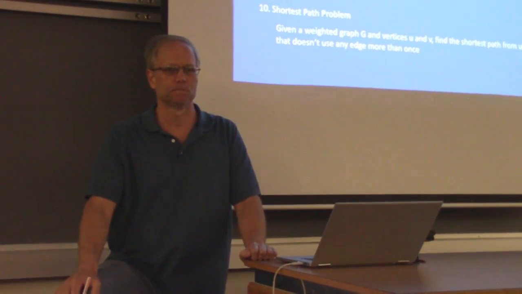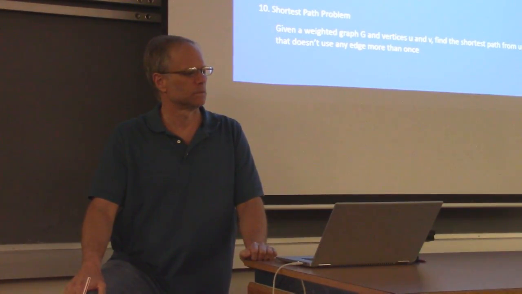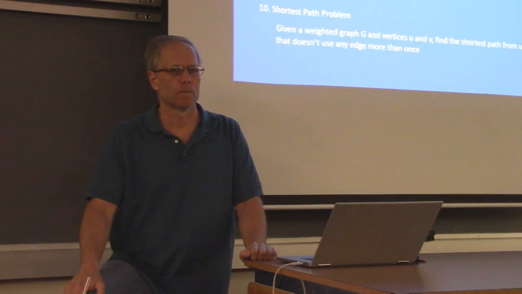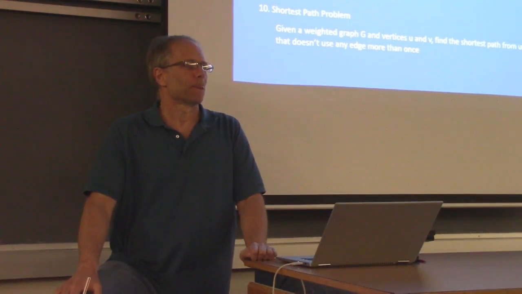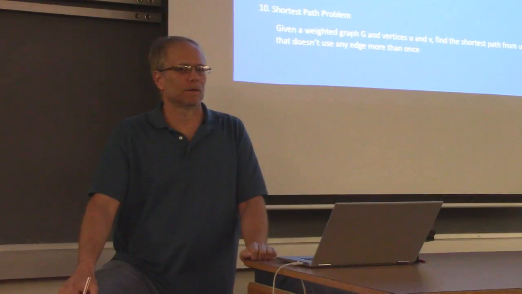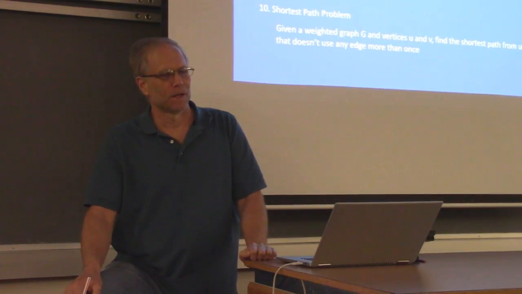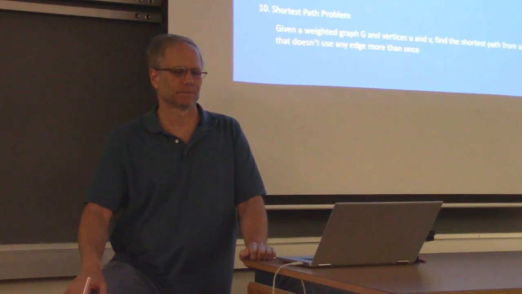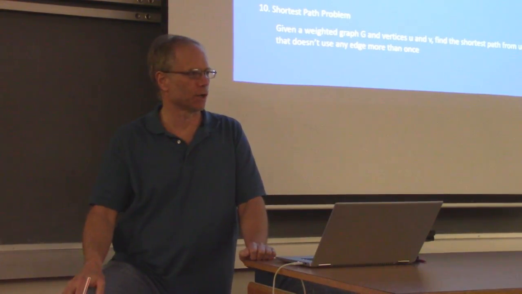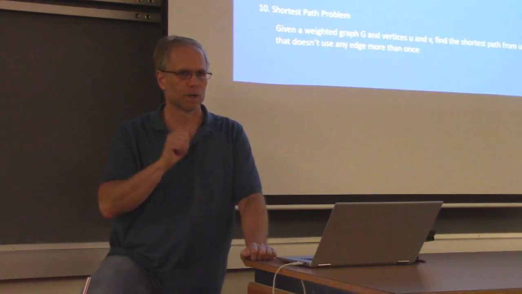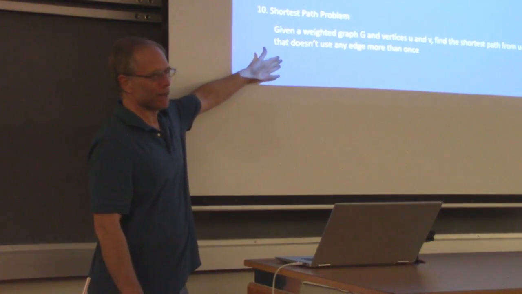What's the difference between the shortest path problem and something that Dijkstra's would solve? Dijkstra's is polynomial, right? But for Dijkstra's, we said no negative edges. For Bellman-Ford, we said no cycles of negative cost. This isn't saying anything about negativity.